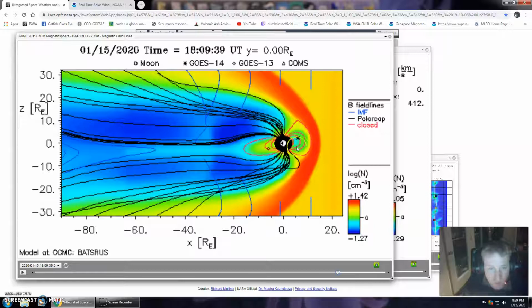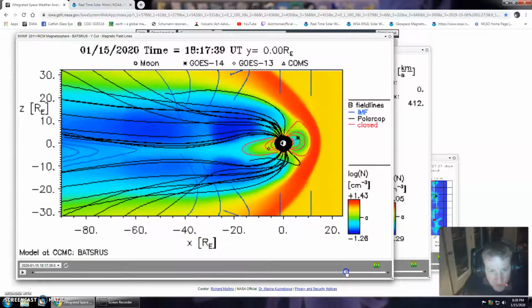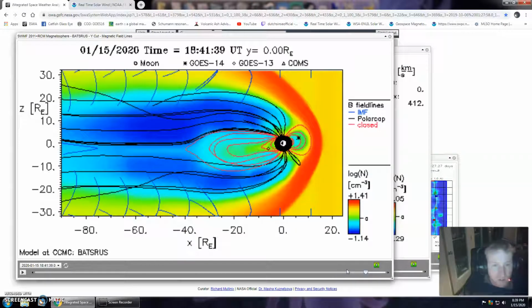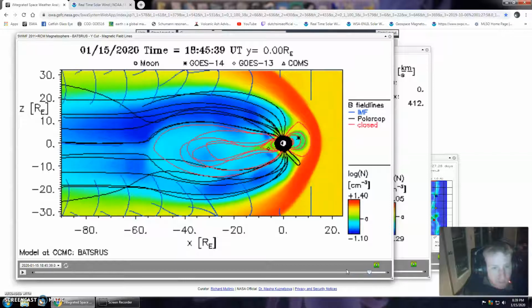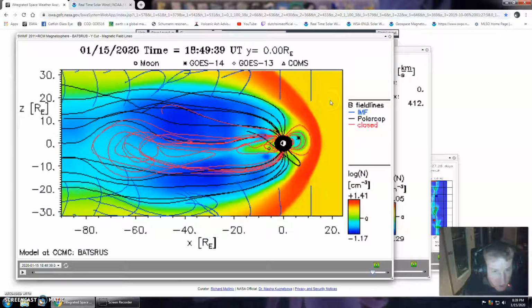That's why the lines are closed here. But closed lines at the back is the same thing. It shouldn't happen unless there's a magnetic field here, separate from our own, essentially. Now, as we progress forward, you'll see this blow up and expand and push out the back.